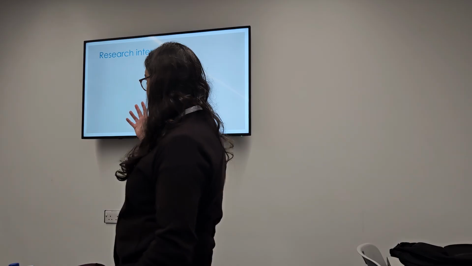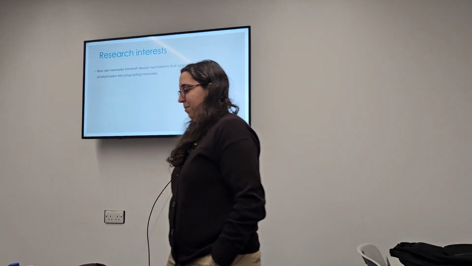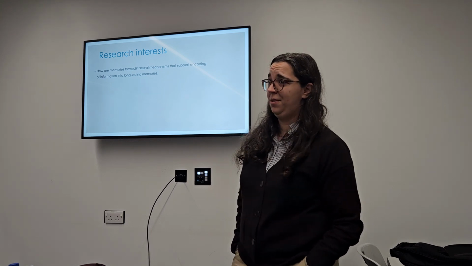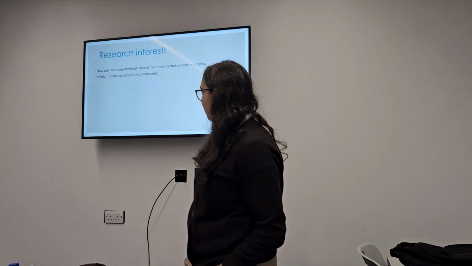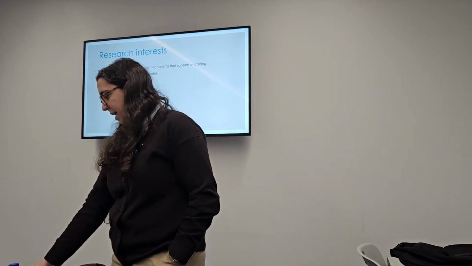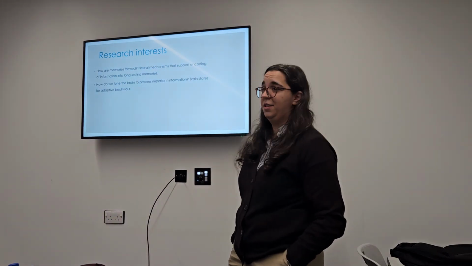So what my research and my lab's research interests are, very broadly, how are memories formed? What are the cognitive and neural mechanisms that support encoding of information into lasting and durable memory? So this is something that you'll hopefully remember for a long, long time. Part of that has to do with the state of the brain.